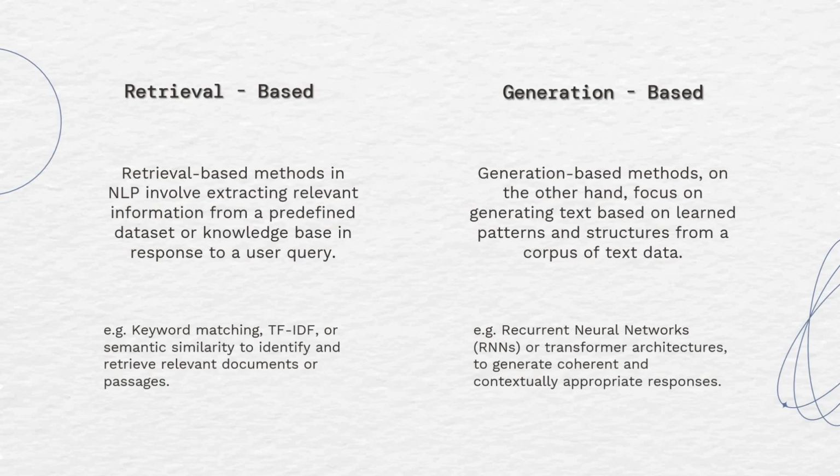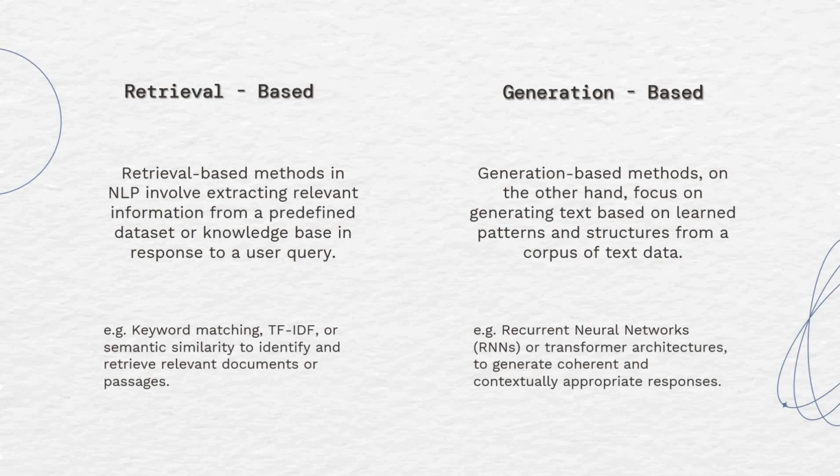We also have long short-term memory, or LSTMs, or transformer architectures to generate coherent and contextually appropriate responses. And again, as the name suggests, these tools and techniques are centered at generating the text. And not just any kind of generation, but generation of output or response, keeping in mind the context and making the response coherent with the query.